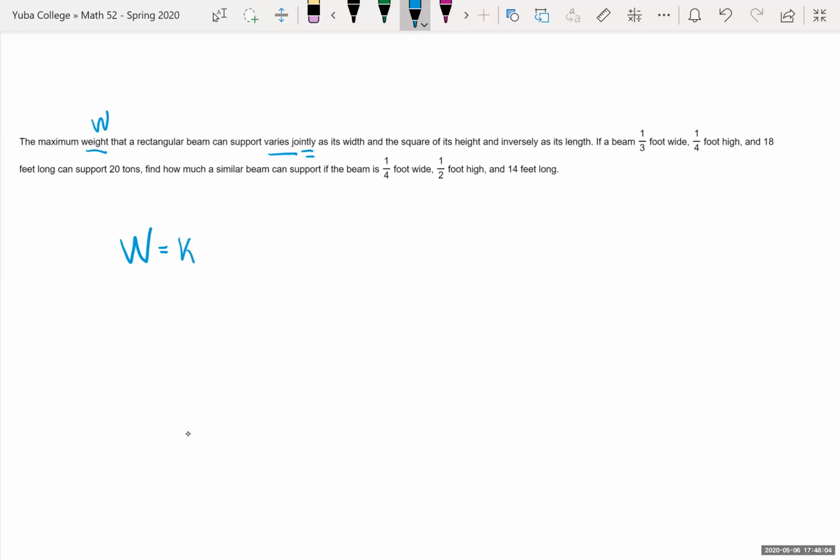So k jointly, that means multiplication with the width, as its width. I like that to be W also. So maybe because this is maximum weight, we can make that an M.